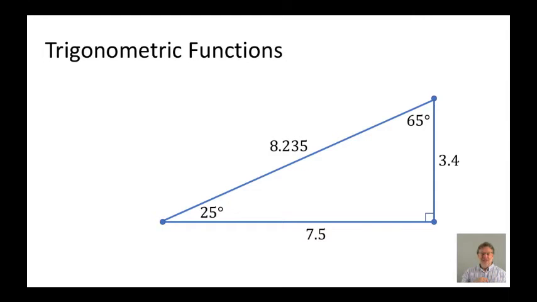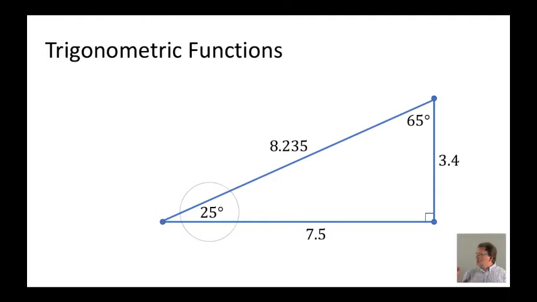They have to add up to 90. So these two angles here have to be, what's the term? Complementary. These two angles are complementary, so they add up to 90 degrees. So if you know one is 25 degrees, then the other one has to be 65 degrees. So that's one connection that you can make with this right triangle.